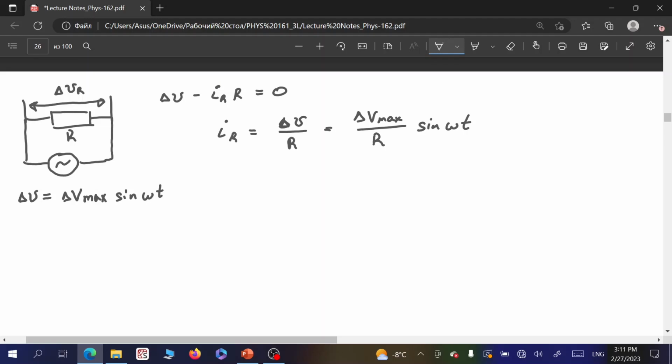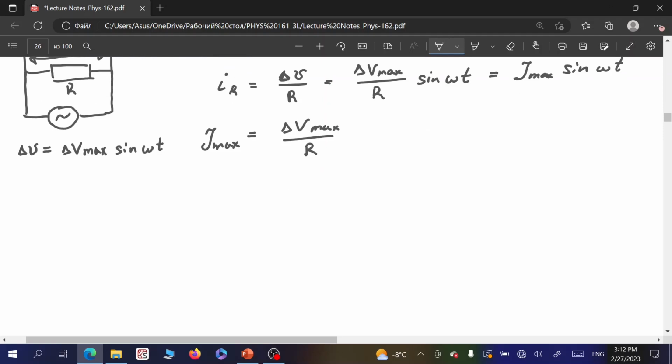So we can represent it as I maximum times sine omega t, where I maximum will be delta V maximum over R. So now once we have the current expressed from the time dependence voltage provided by this AC power supply and resistance of the circuit, we can determine the potential difference, the voltage drop over the resistor.